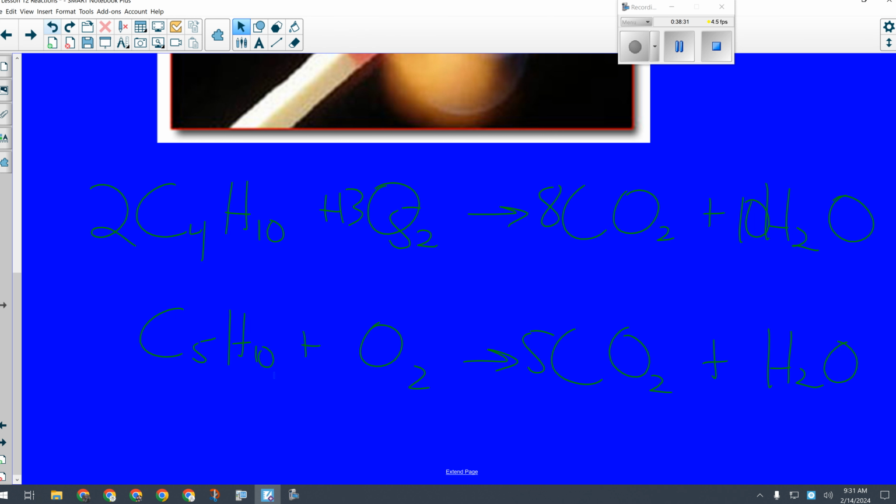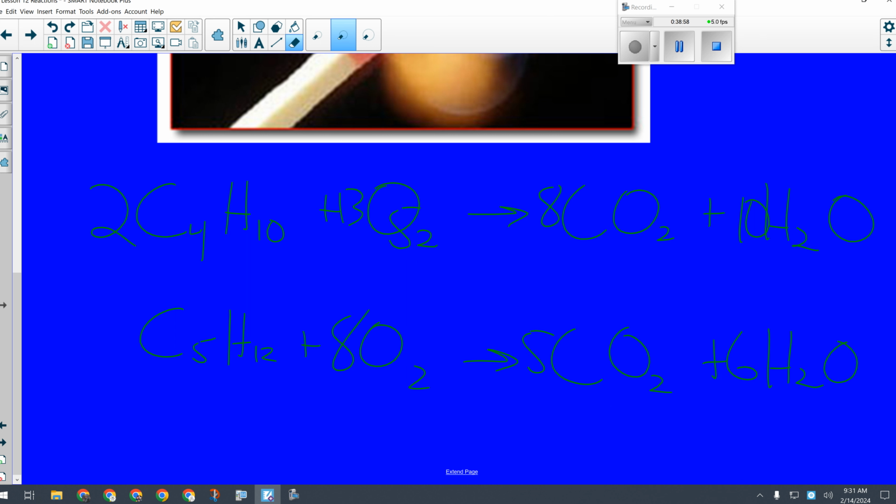That's supposed to be 12. Forgot my organic chemistry for a sec there, guys. Okay, C5H12, so there's a 6 here. Now, when I do my oxygens, 6 times 1 is 6. Plus 10 more is 16. 8 times 2 is 16. I can start with a 1 if there's an odd number, but I have to start with a 2 if there's an even number.